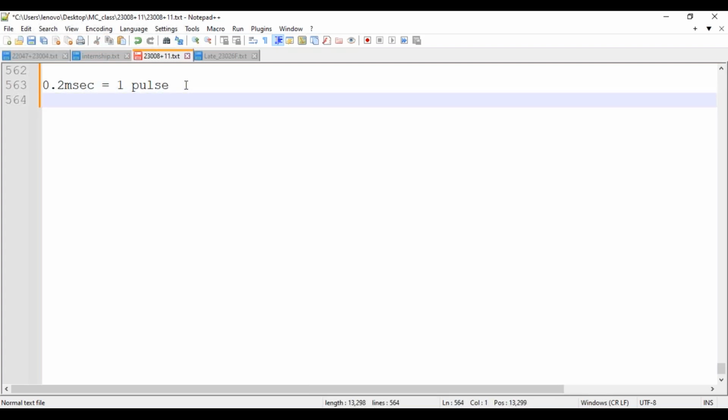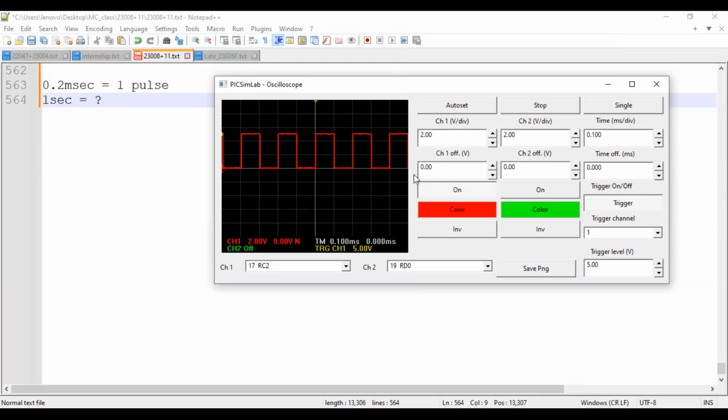So now you can see, in 1 second how many pulses are going to get generated? It has to be 5,000, because we have taken 5 kilohertz. Can you correlate this? One pulse is getting generated in 0.2 milliseconds, so in 1 second, how many pulses?